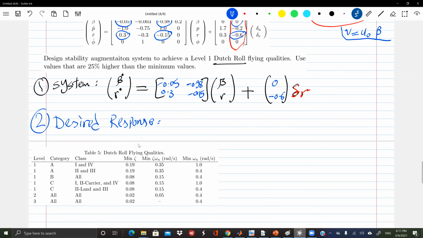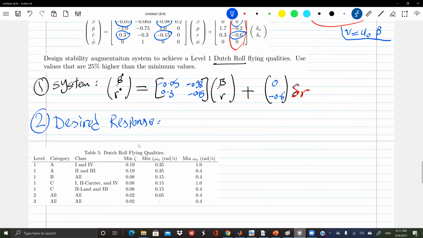Third step. Any suggestion? How do I proceed further? So I have my system and I have the desired response. Then, write it as, find your closed loop matrix. Very good. Your control design itself, or the control technique, the control law, which here we do state feedback, and the state feedback really makes your closed loop A minus BK.